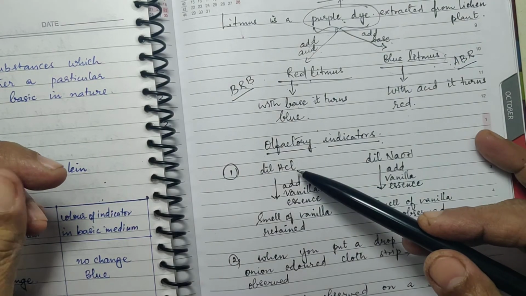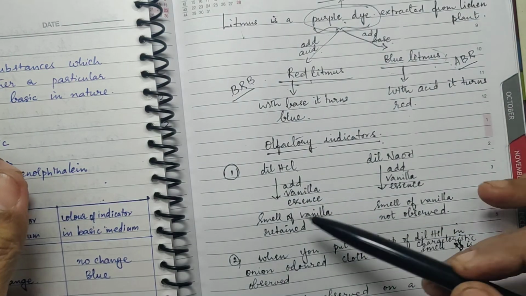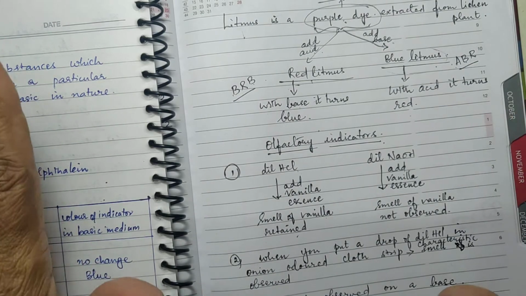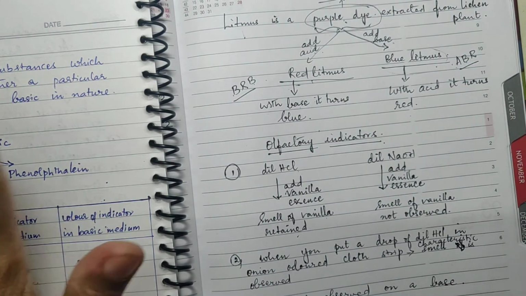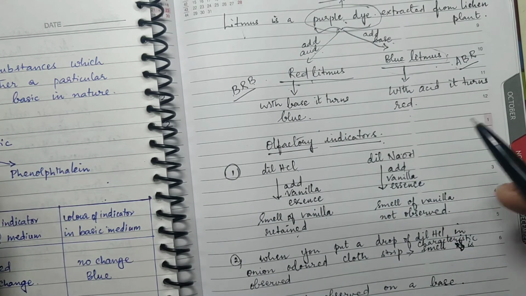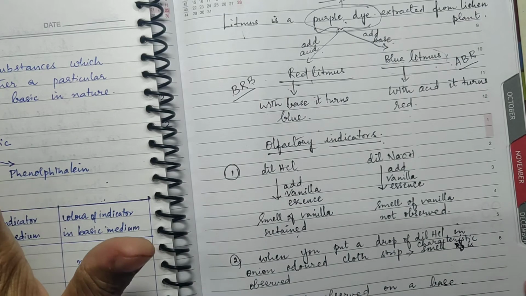Now, to a few drops of dilute HCl, if you add vanilla essence, the smell of vanilla essence is retained. The vanilla smell won't go, it will remain. But if you add vanilla essence to a few drops of sodium hydroxide, the smell of vanilla is not observed. It loses its smell.